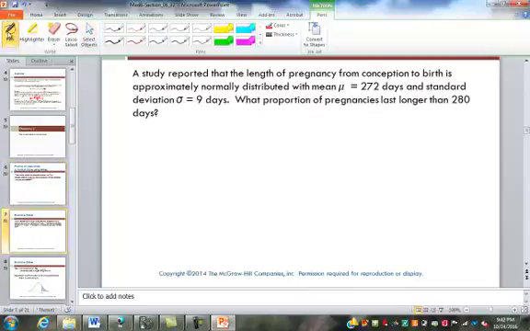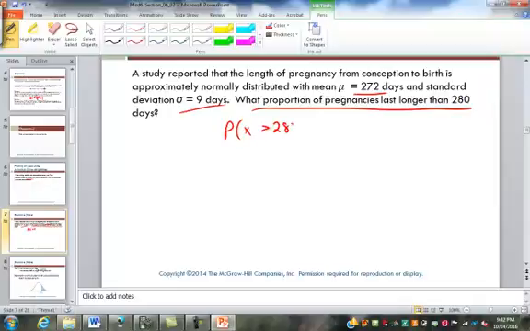So here, a study reports that the length of pregnancy from conception to birth is approximately normally distributed with a mean of 272, standard deviation of 9. What proportion of pregnancies last longer than 280 days? In other words, the probability that a randomly selected pregnancy is greater than or equal to 280. Greater than or greater than or equal to, remember, it doesn't make a difference because the or equal to has 0 probability.